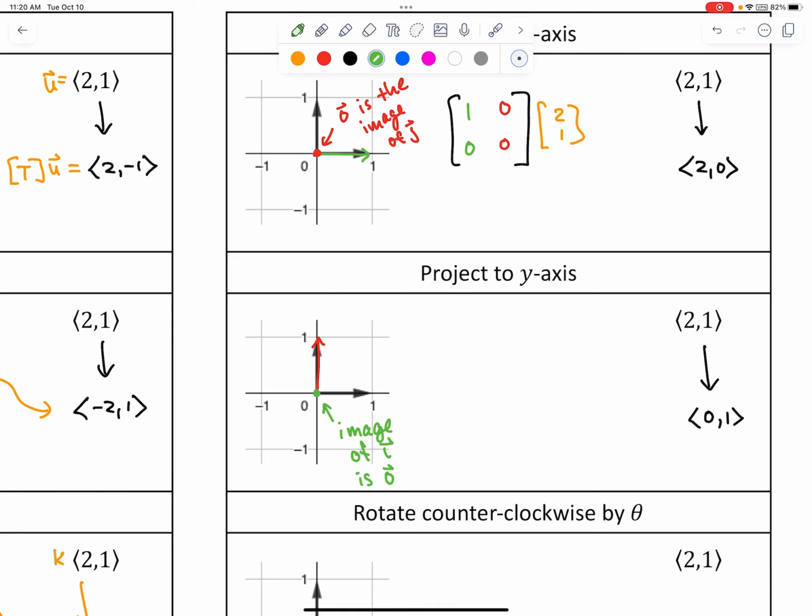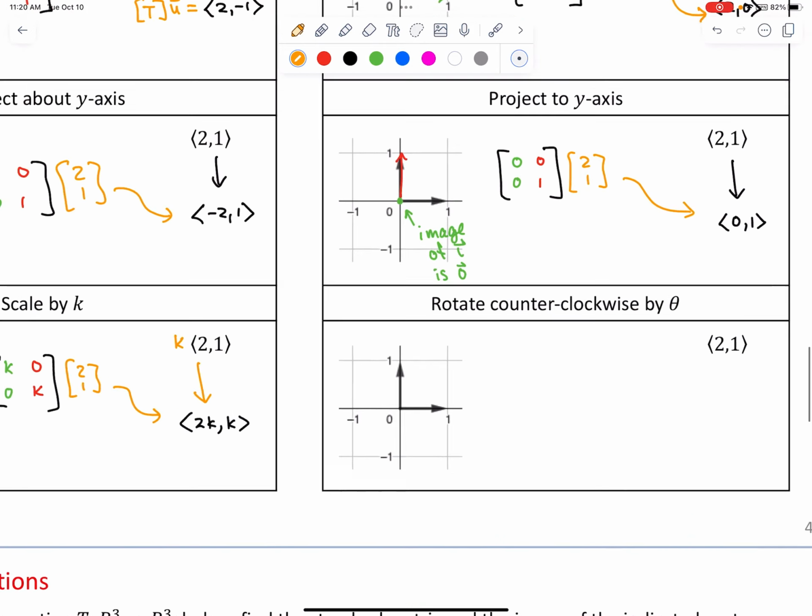And so we put the first column with the image of the i vector, which is the 0 vector, and then the second column is the image of the j vector, which is still the j vector, so still 0, 1. And this becomes our standard matrix for this transformation. And if you multiply any vector by it, so multiply it by 2, 1, you'll see this will have the effect of zeroing out the x-coordinate but keeping the y-coordinate. So it also yields this result.